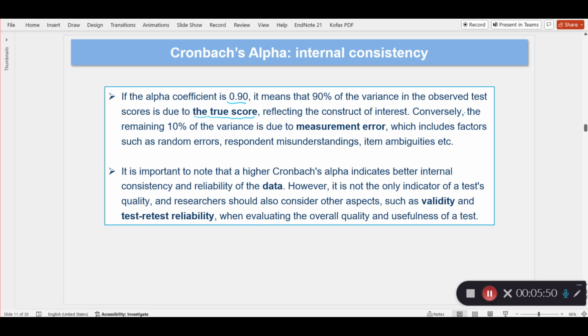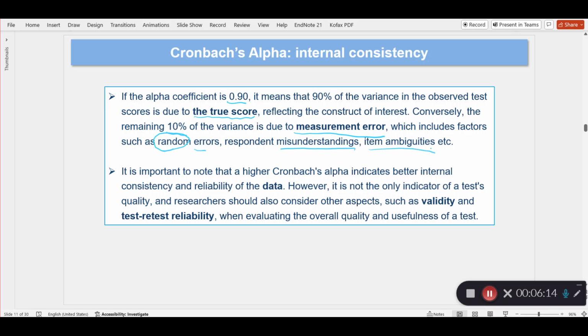Conversely, the remaining 10%, which is not explained by the true score, is due to the measurement error, which includes factors which are random. I want to stress this word. It's random. They have to be random, not systematic. Random errors, including random respondent misunderstanding.